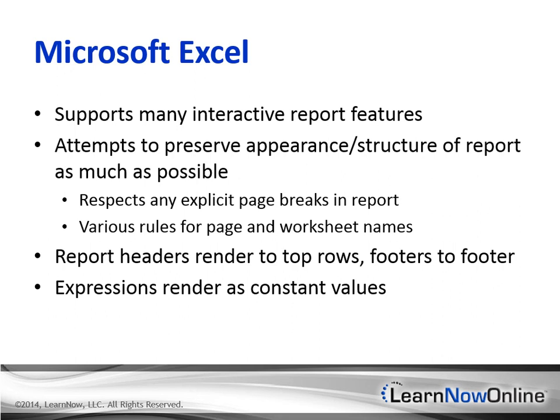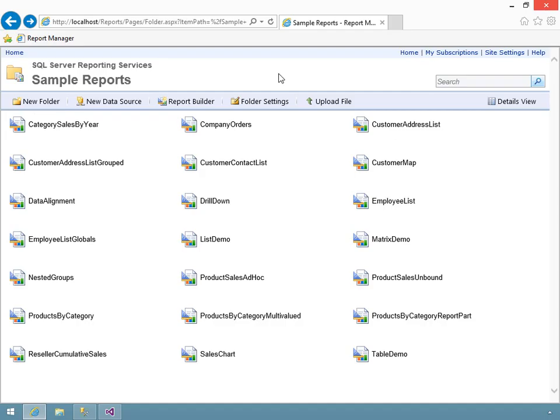One nice thing is that unlike reports exported to Word, you don't have to first expand hidden sections of the report. Instead, Excel will use its Outlines feature to let the user expand or collapse and unhide or hide parts of the report.